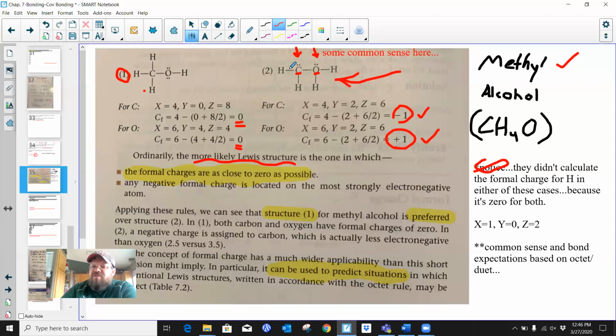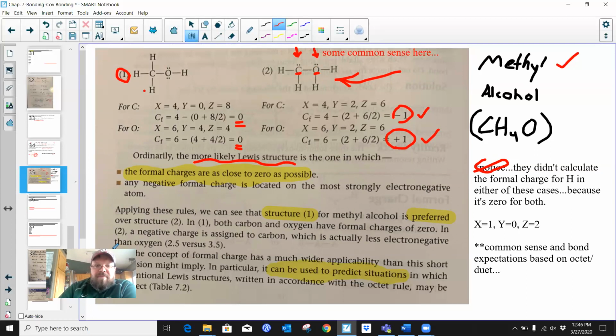Atoms have tendencies to want to get to octets. They have tendencies in terms of how many bonds they want to create. And in this case, for lack of a better term, we're trying to put a square peg in a round hole. We're going against the rules of how carbon has a tendency to create 4 bonds. Oxygen only has a tendency to create 2 bonds.